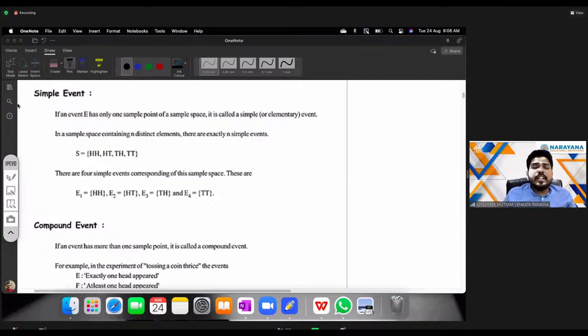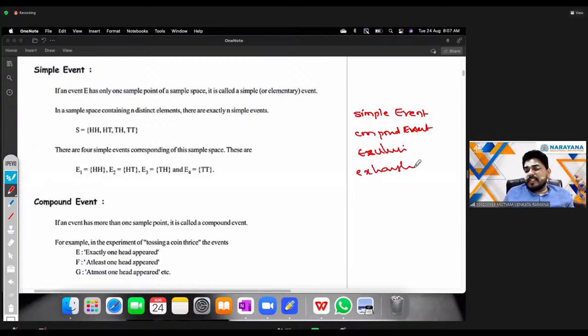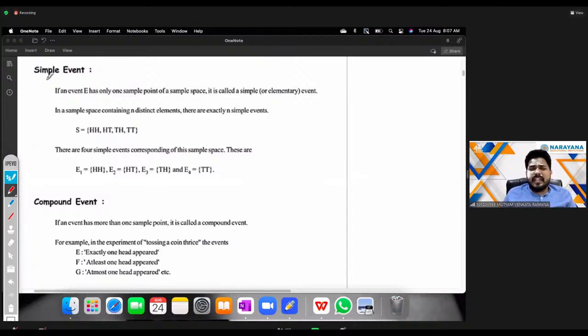Simple event, you need to quickly get the wording on these things. Simple event, compound event, exclusive events, exhaustive events. These are the things we are going to talk about. Simple event: if an event E has only one sample point.